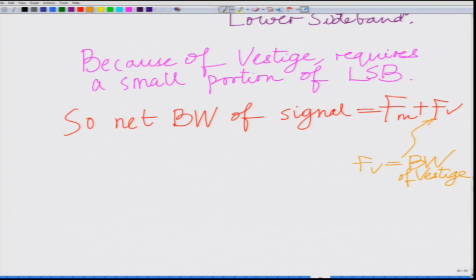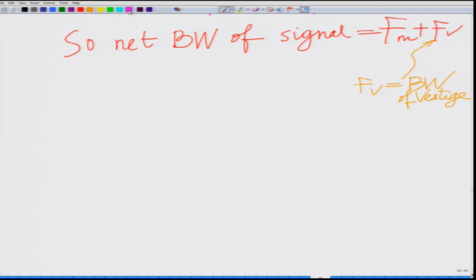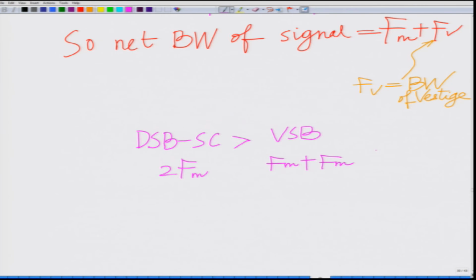Now remember, DSB-SC, double sideband modulated suppressed carrier, has a bandwidth of 2 Fm, which is greater than your vestigial sideband modulation, which has a bandwidth of Fm plus Fv, which is greater than the bandwidth of your single sideband, or upper sideband modulated signal, which has a bandwidth of Fm.